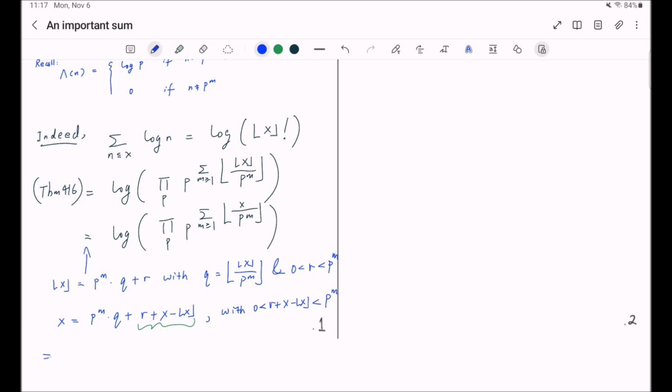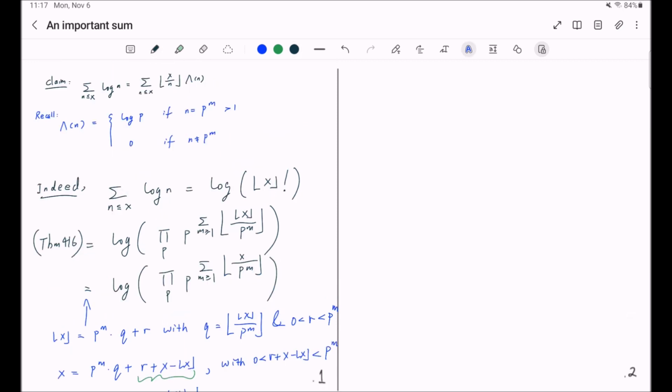Therefore, the floor of x divided by p to the m is still equal to q, which is the same as the floor of this guy. And this verifies these two things are equal. And now let's continue. We'll break this product again into the sum.